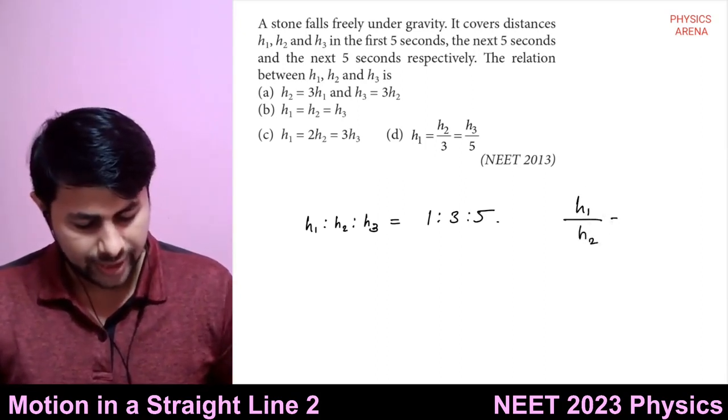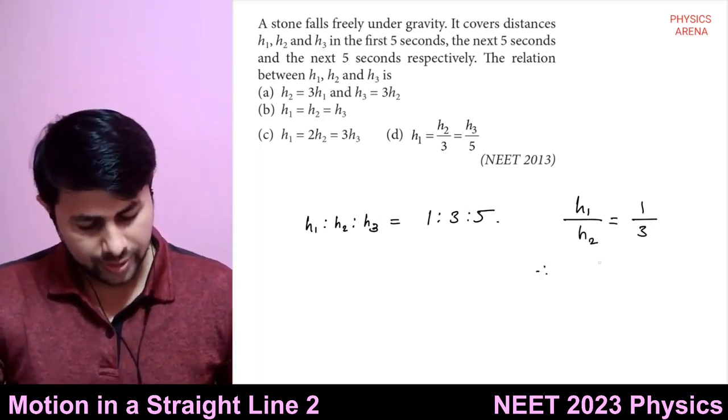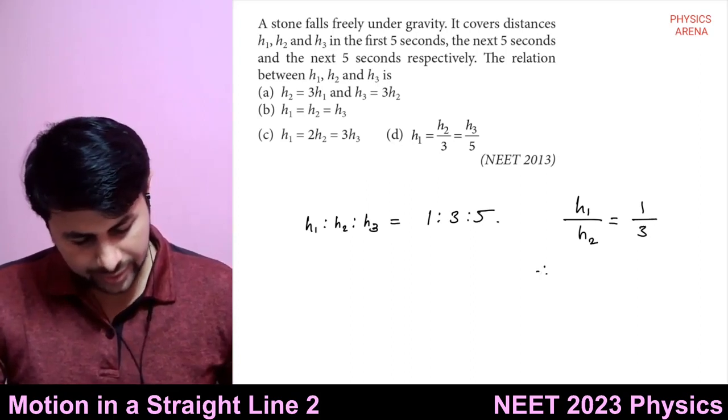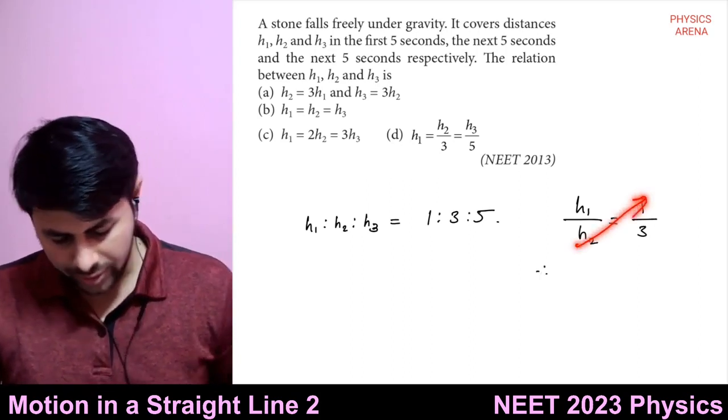So h1 divided by h2 will be equal to 1 upon 3, and therefore I can take this h2 on the other side.